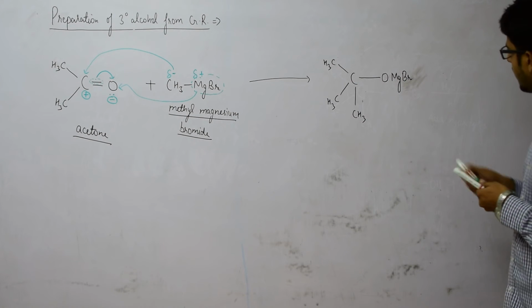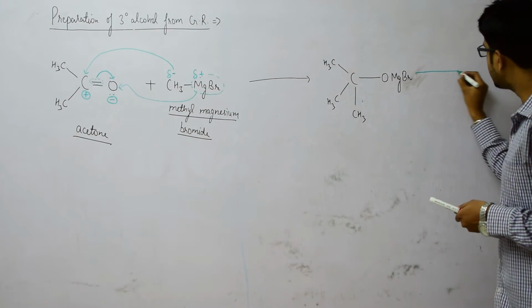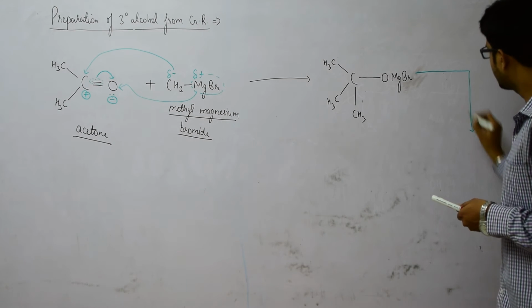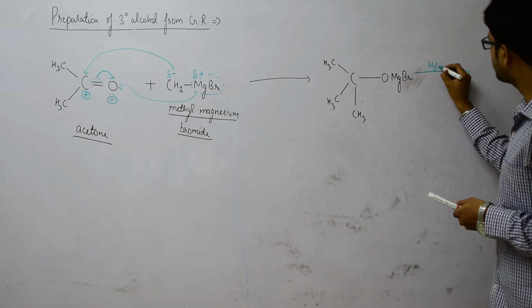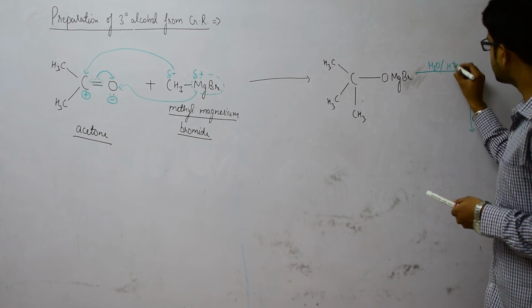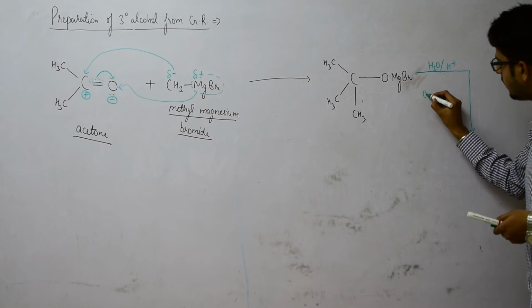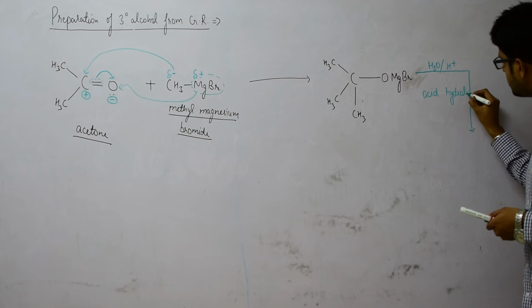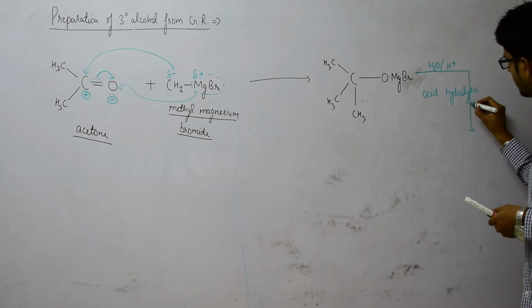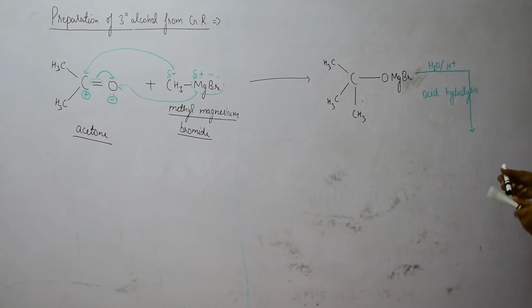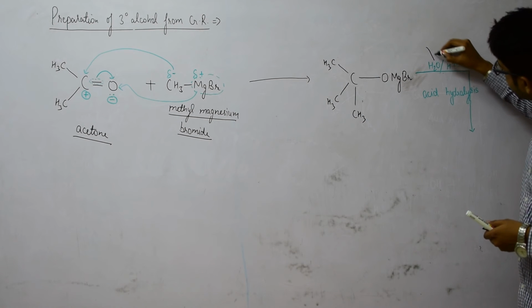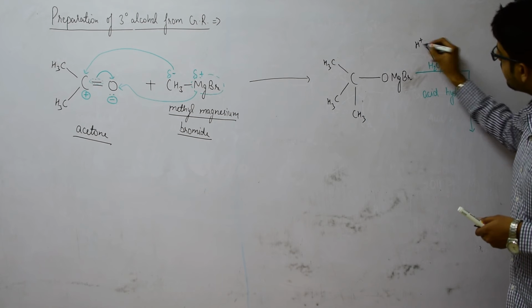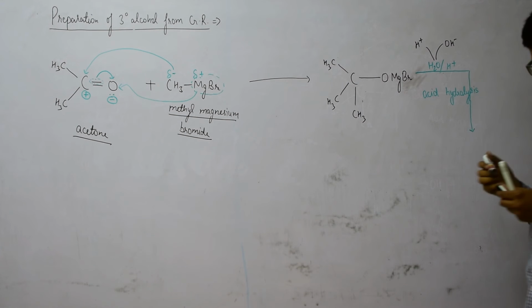Now, again, the final step is of acid hydrolysis. It is hydrolyzed in the presence of H plus ion. The process is called acid hydrolysis. Water would be dissociated into H plus ion and OH minus ions.